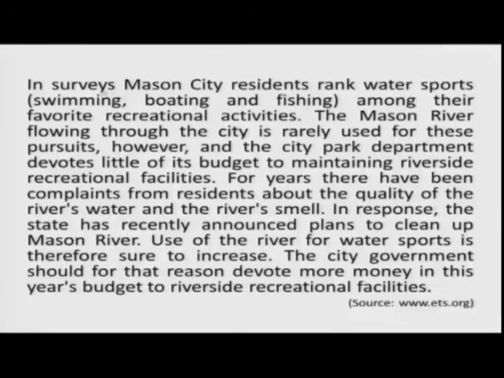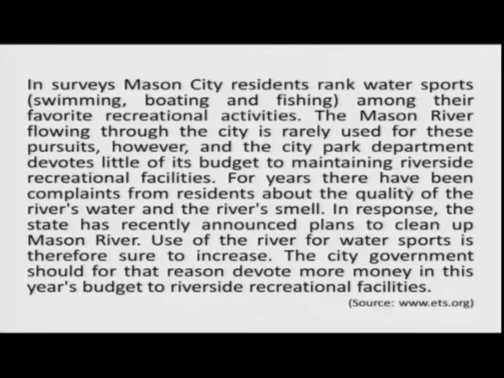In surveys, Mason City residents rank water sports, swimming, boating and fishing among their favorite recreational activities. The Mason River flowing through the city is rarely used for these pursuits. However, the city park department devotes little of its budget to maintaining riverside recreational facilities.